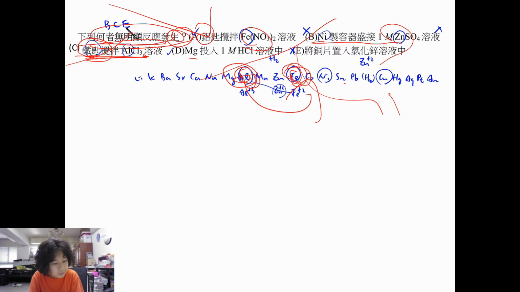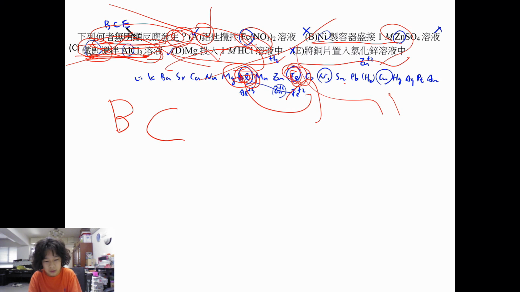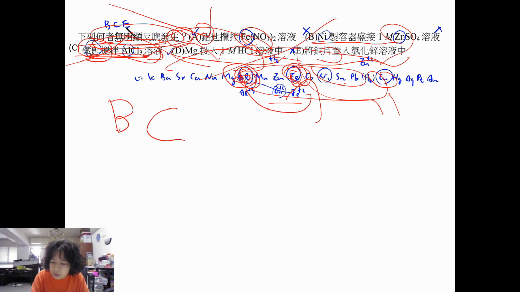So no. B has no reaction, C has no reaction, D of course there is one, and for E, this is here and this is here, so no. So the answers are B, C, and E.